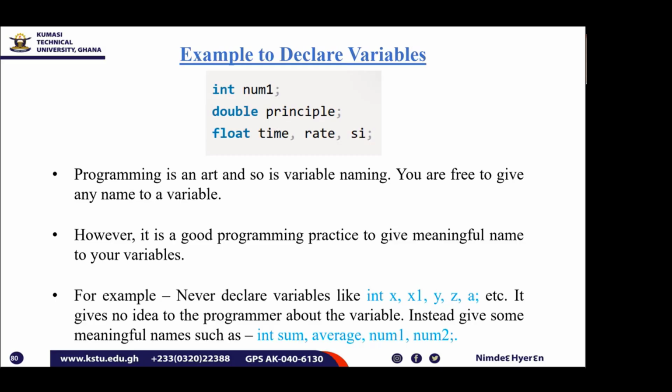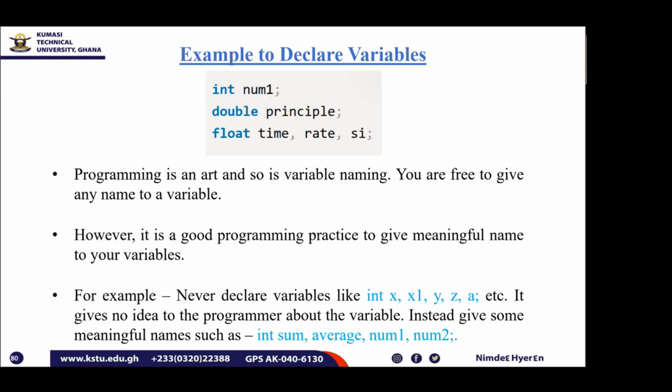So in int num1, the data type is an integer. In double principal, principal is the variable name and double is the data type. In float time, rate, SI, time, rate and SI are all variables and float is the data type.